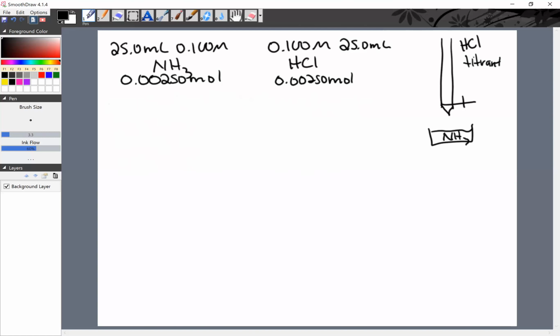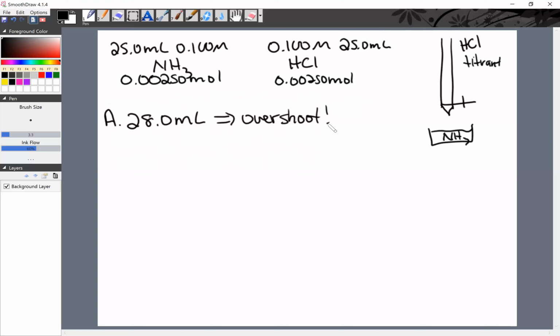All right. So my first addition, I got a little crazy and I added 28 mils. Where am I at? What's going on right now? What would we call this? Okay, that's an overshoot.